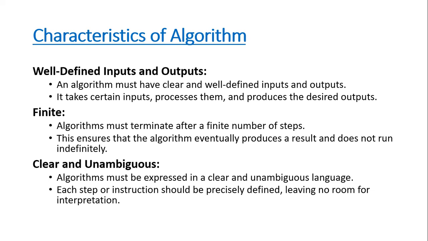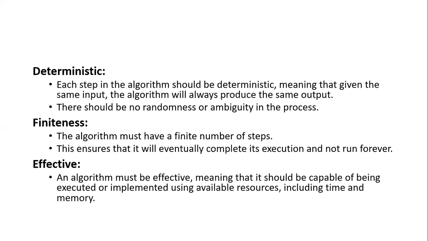Clear and unambiguous, expressed in a clear and unambiguous language. Each and every step or instruction should be precisely defined, leaving no room for interpretation. And next is deterministic. Each step in an algorithm should be deterministic, and the algorithm will always produce the same output.